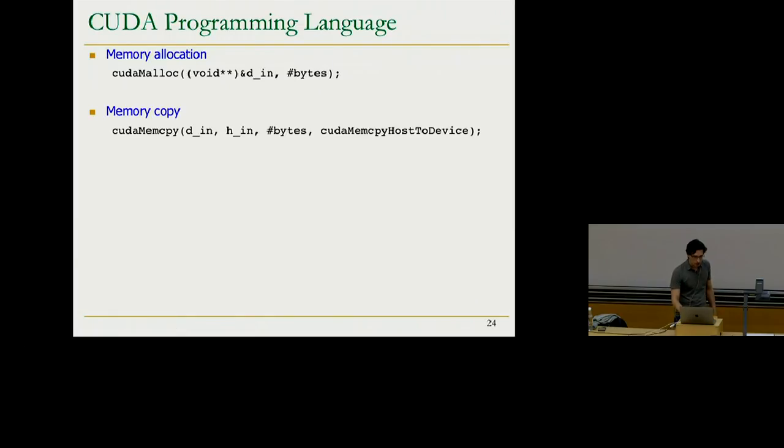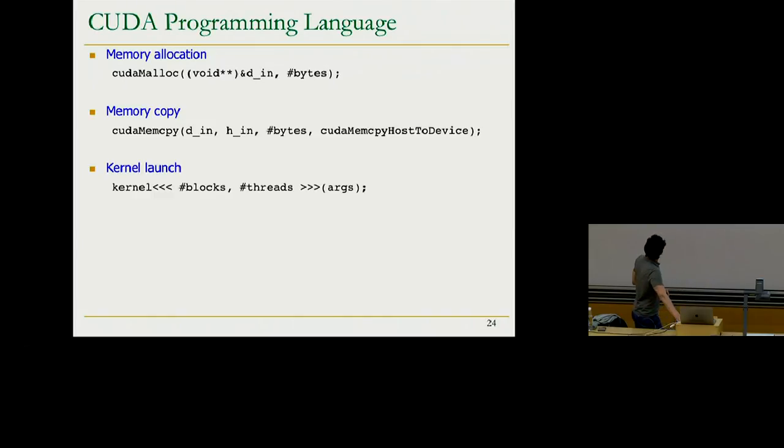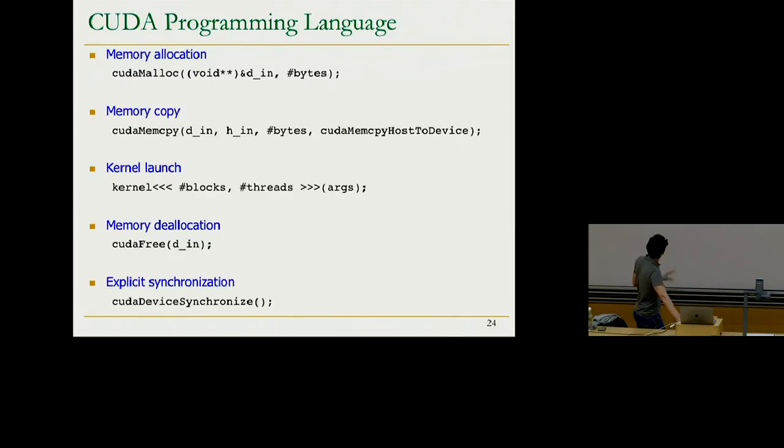This is a memory copy: the destination, so D in is the destination, H in is the source, and the number of bytes that we're copying, and observe there from host to device. Obviously, we also have the one from the device to the host. Then this is the syntax of the kernel launch, and the call to deallocate memory on the GPU. And this is the explicit synchronization.